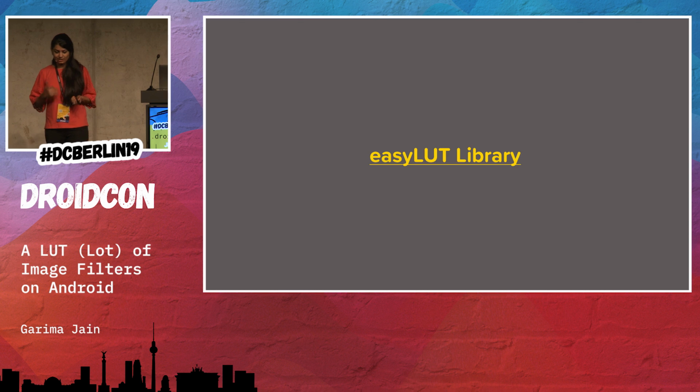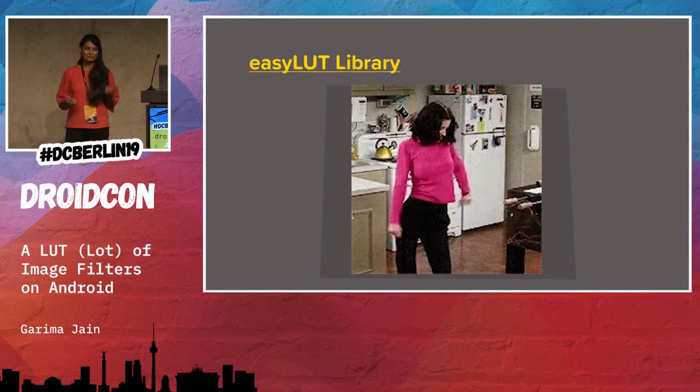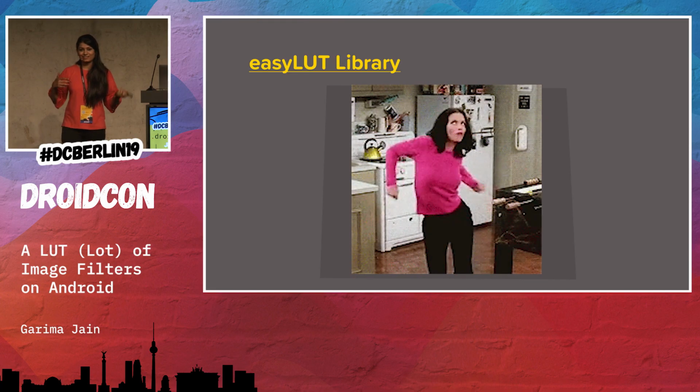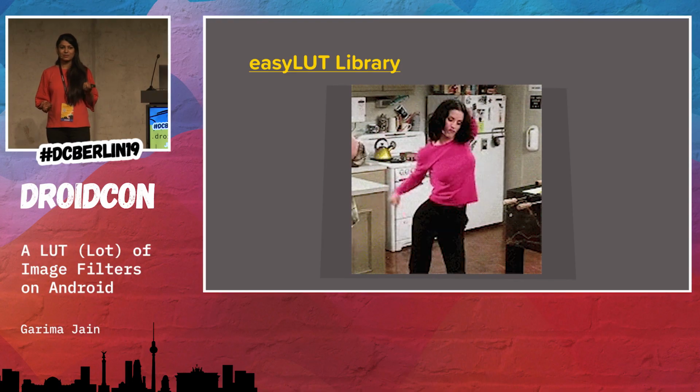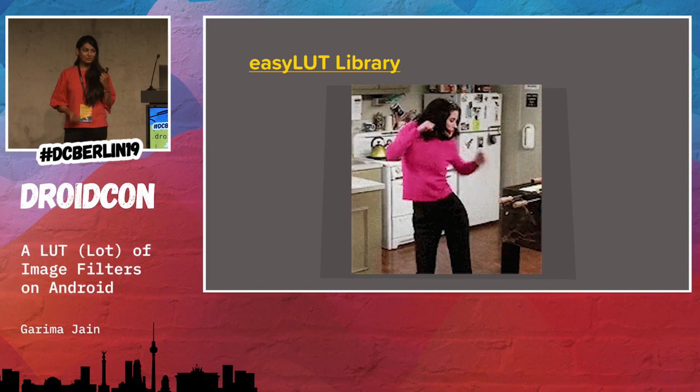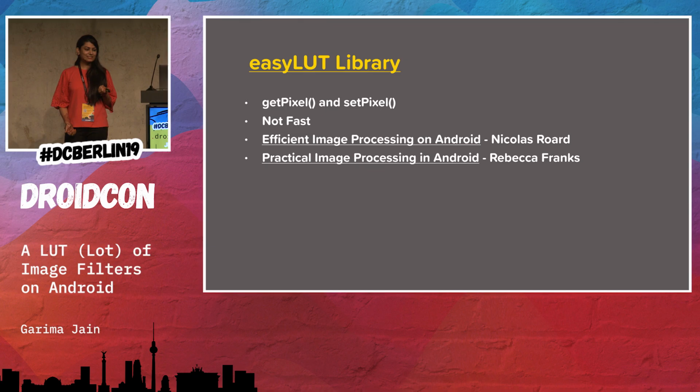When I started looking into this, I came upon this EasyLUT library, and being the lazy developer I am, I was really happy to see this, because I get a library out of the box. But my colleague pointed out that this EasyLUT library uses the Java API called getPixel and setPixel on CPU.